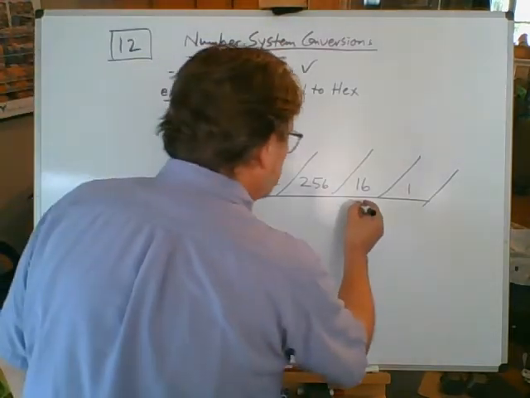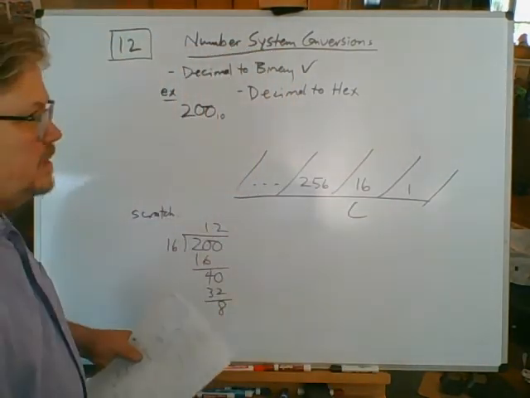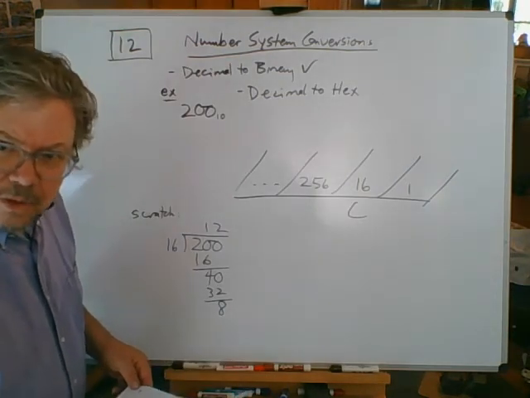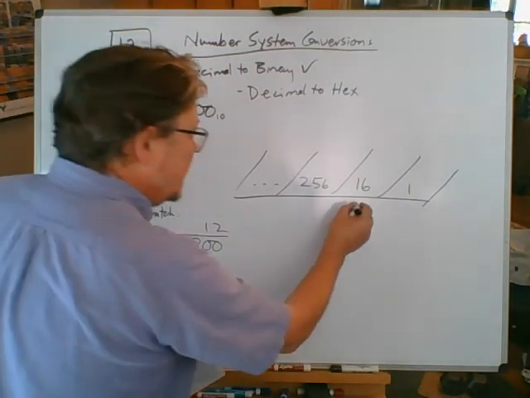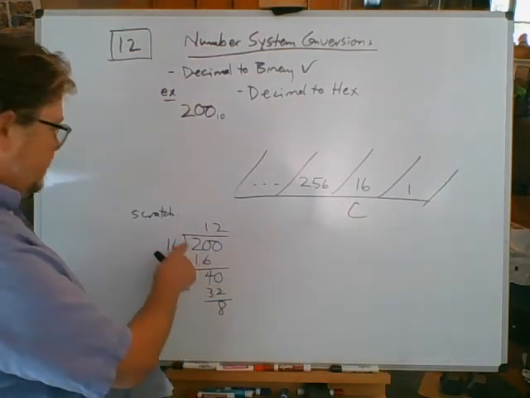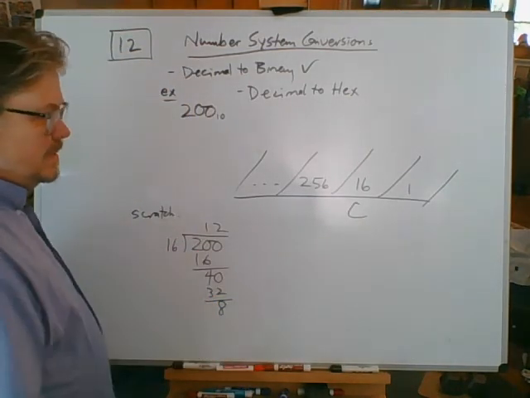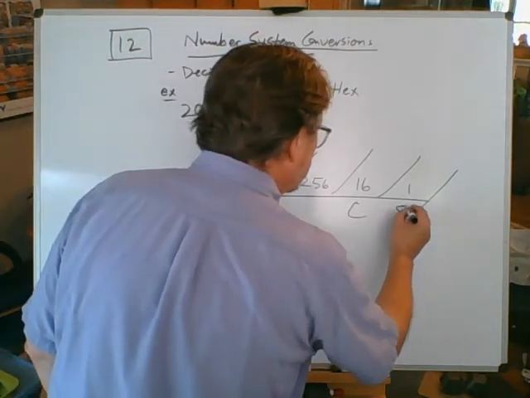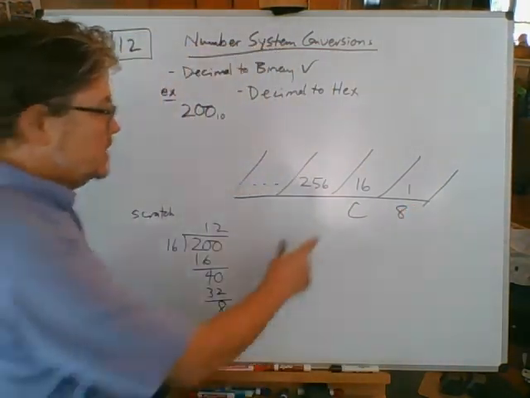What about C? Will that do it? Isn't C the 12? So we have everything except 8 represented. Well, just pop the 8 over here. C8. That C stands for 12.